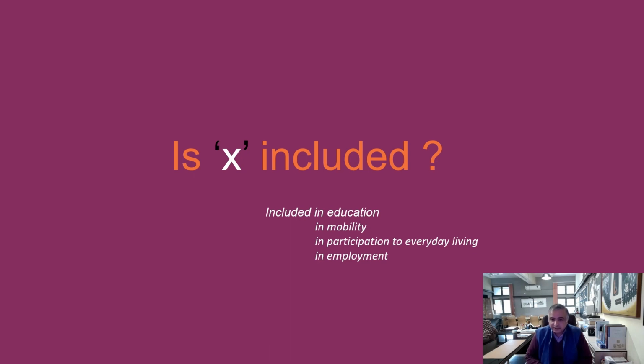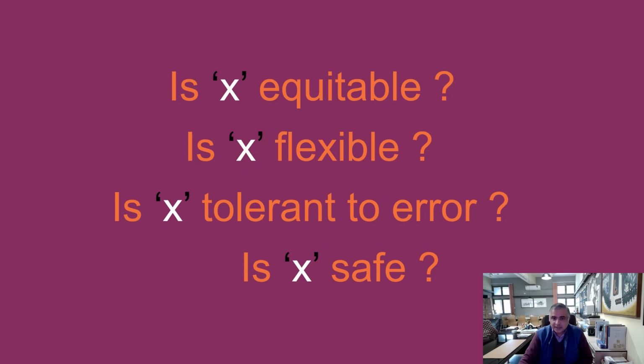Included in education, mobility, participation in everyday living, employment, tourism, and many other dimensions. This is just a small illustration that we have put these 4 dimensions here. Likewise, you have to ask this question, is X equitable? Is X flexible? Is X tolerant to error? And is our system safe enough for everyone to participate?